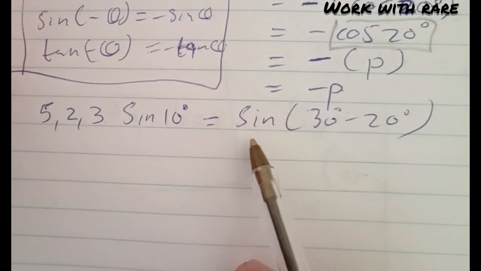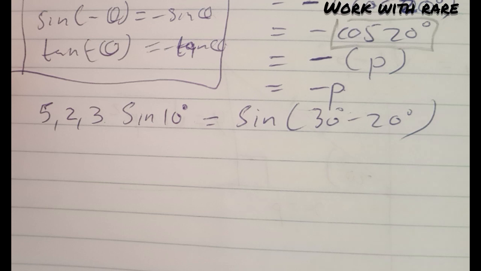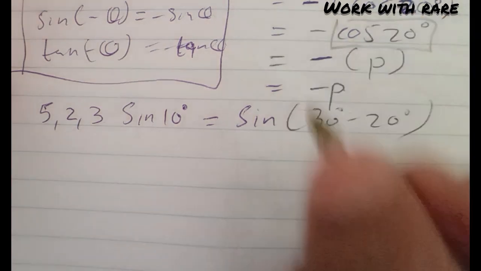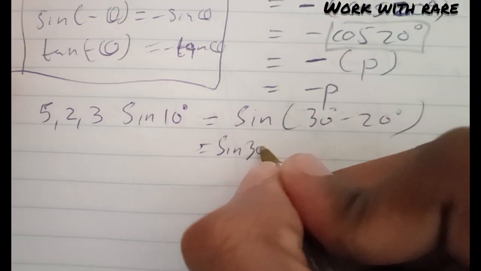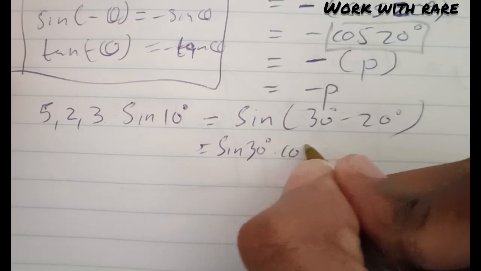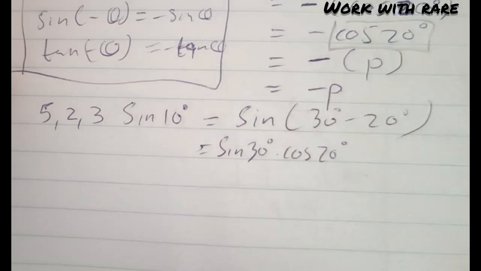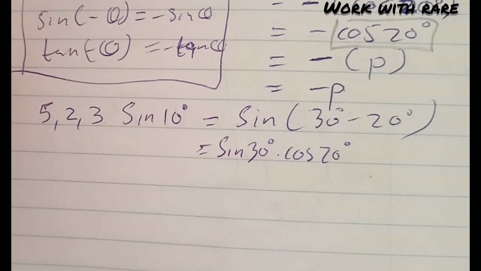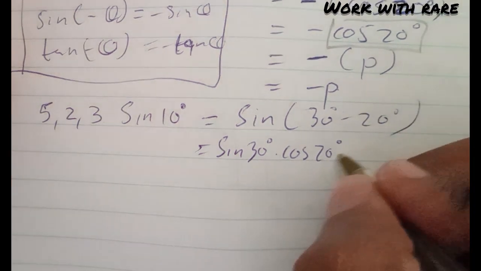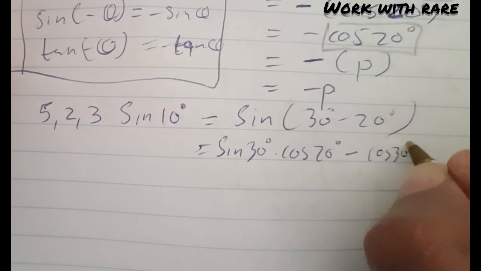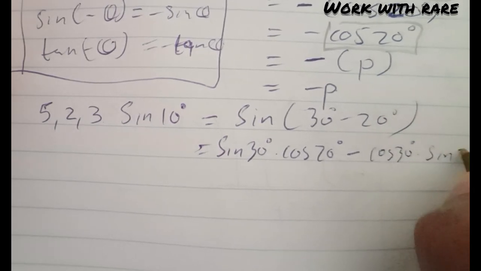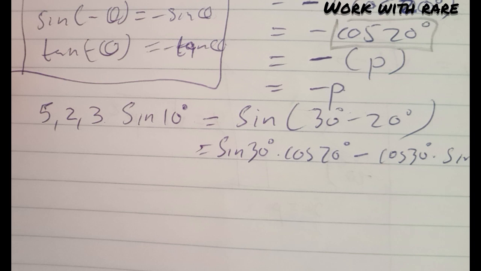Remember, for cos, it will be cos, cos, sine, sine. But this time it is sine, cos, cos, sine. So here we'll have sine 30 cos 20. Like I said, our sign won't change. So we'll say minus cos 30 sine 20. Okay?